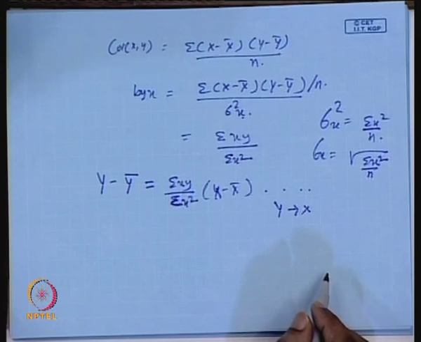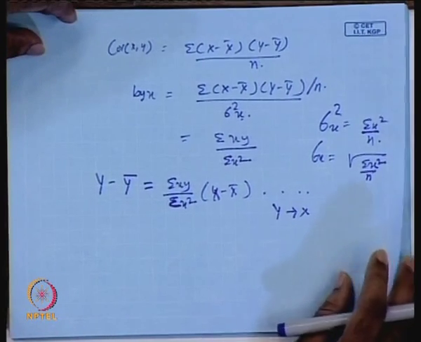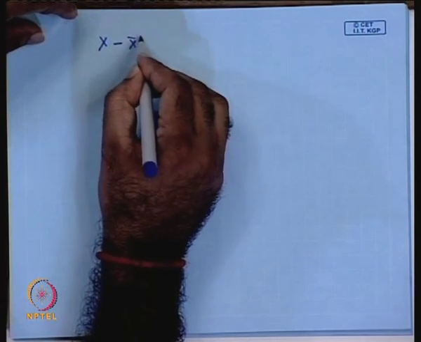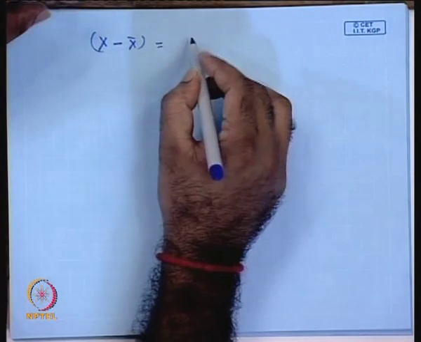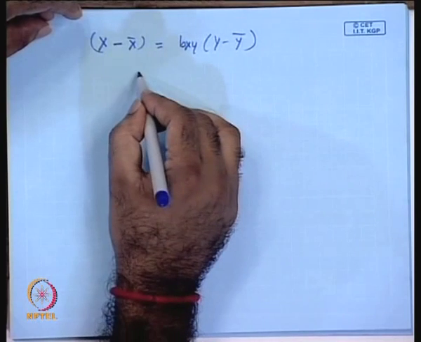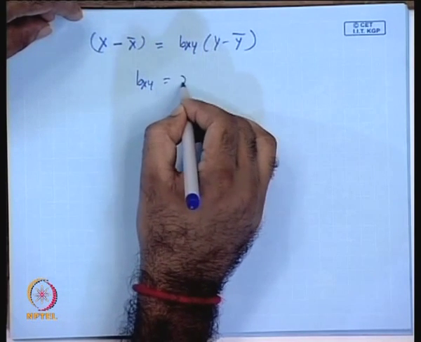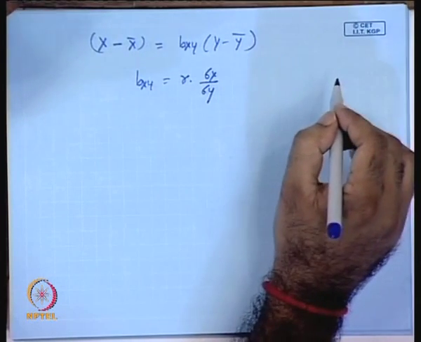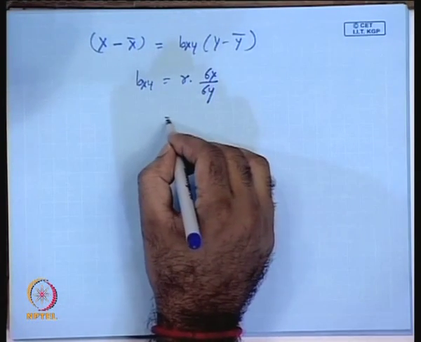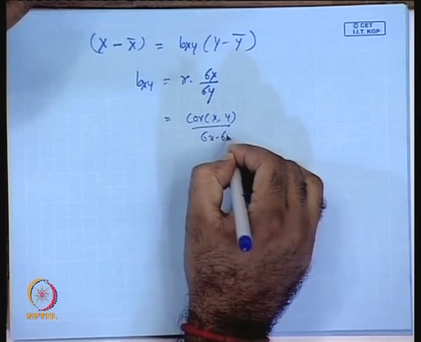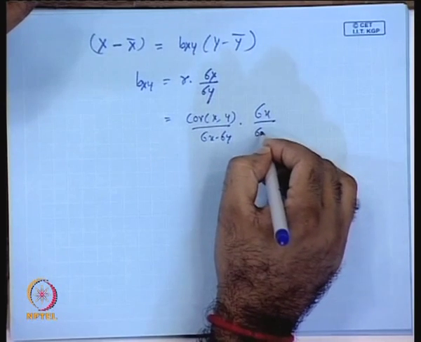Now, come to the other part of this problem, that is x on y. For x on y, the regression equation is x minus x bar is equal to bxy into y minus y bar. As usual, bxy is equal to r sigma x upon sigma y. So, it is nothing but covariance of xy by sigma x into sigma y, multiplied by sigma x by sigma y.